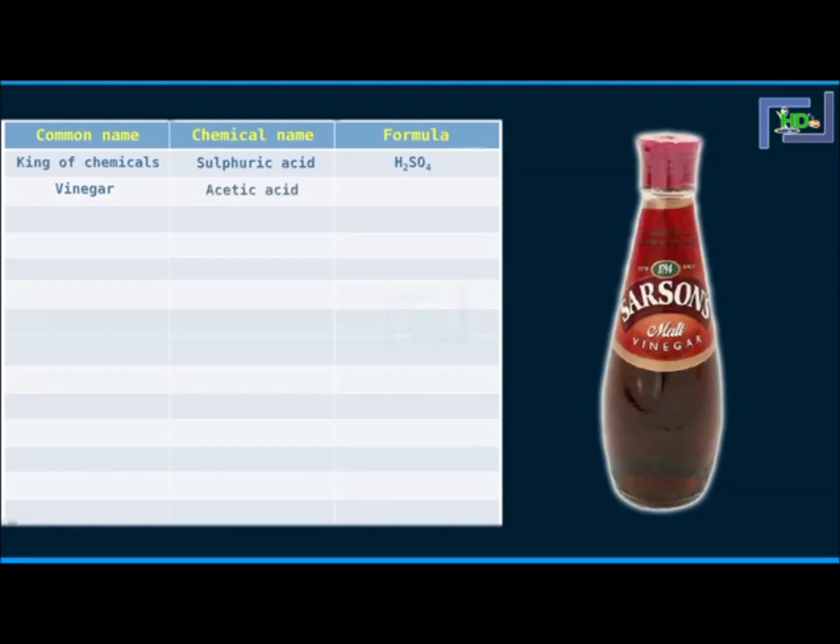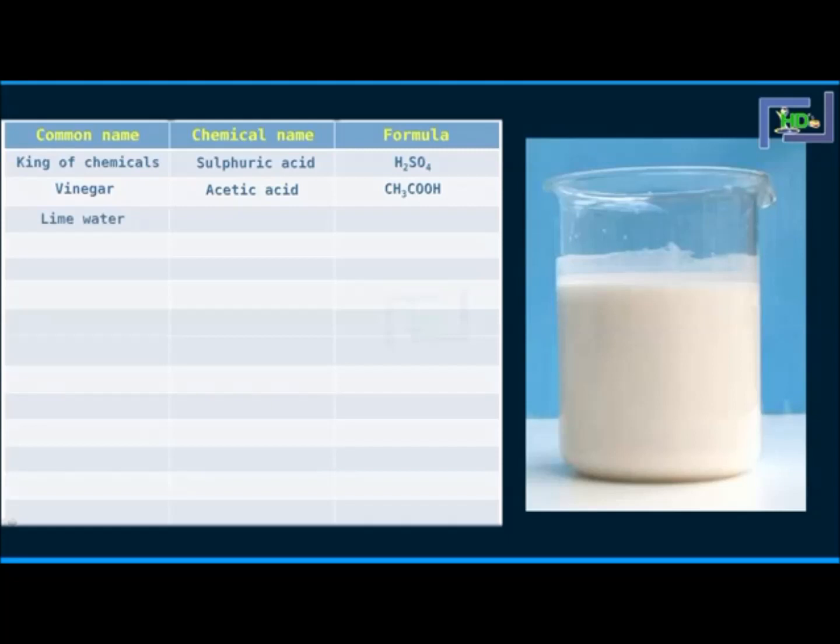It is acetic acid and the formula is CH3COOH. Lime water. You are familiar with lime water. The chemical name of lime water is calcium hydroxide and the formula is Ca(OH)2. That means it is formed with calcium, oxygen and hydrogen atoms.